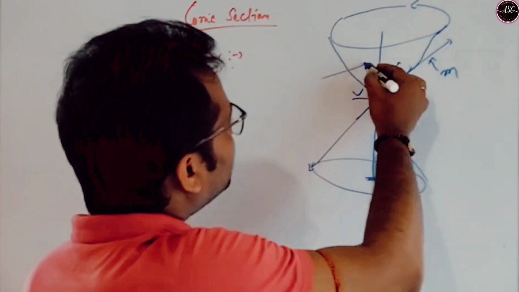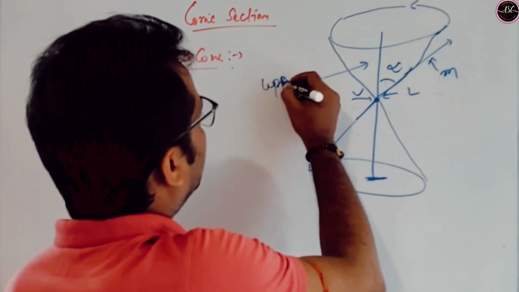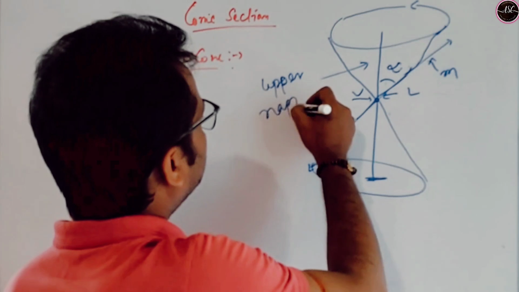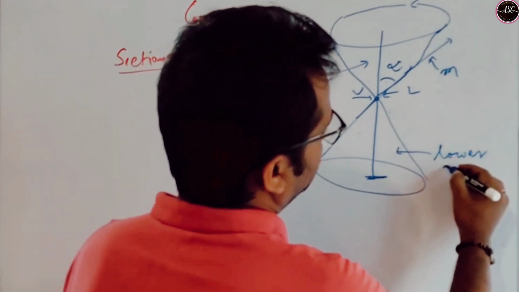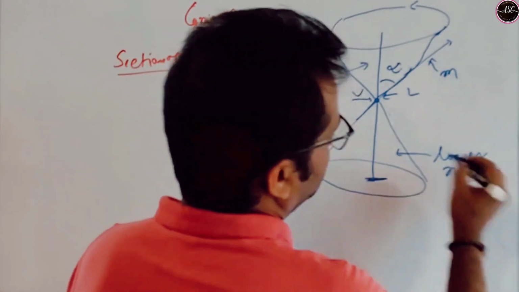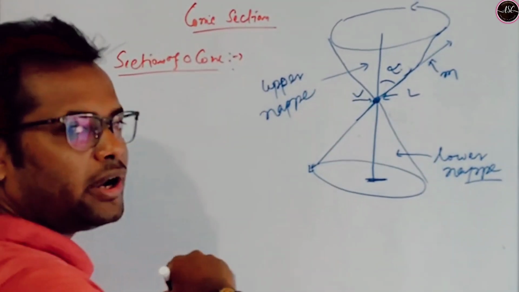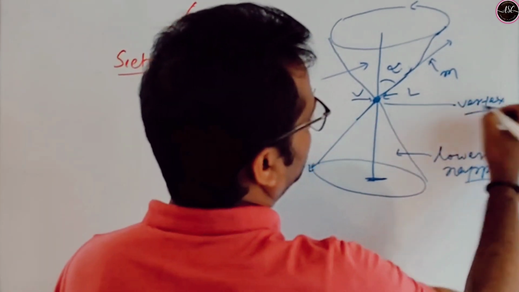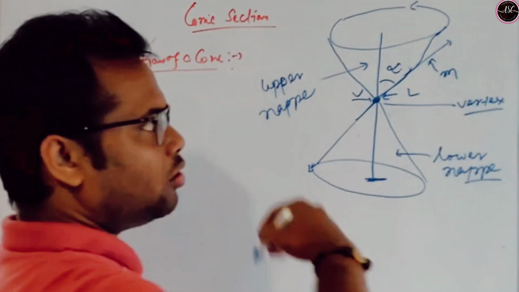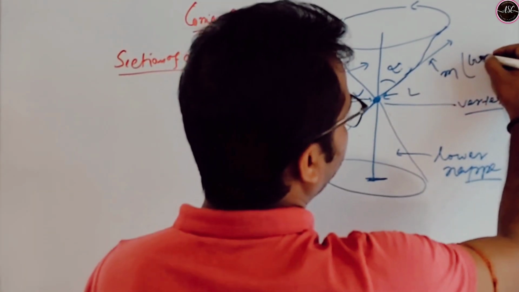So this is the upper nappe. And this is the lower nappe. Clear? And this fixed point is called the vertex. M, that means the line which is rotating, is called the generator of the cone.